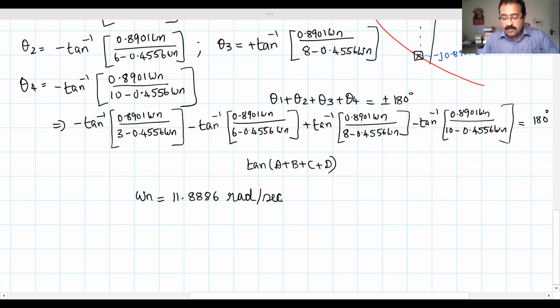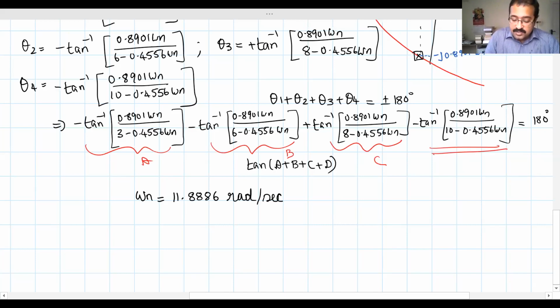What will you do here? First, you take tan of these parts. One term you can take to the right hand side of the equality sign. So it will be tan of A plus B plus C on the left hand side. On the right side, you have 180 plus tan term. Suppose this is A, B, C. I will take D to the RHS.